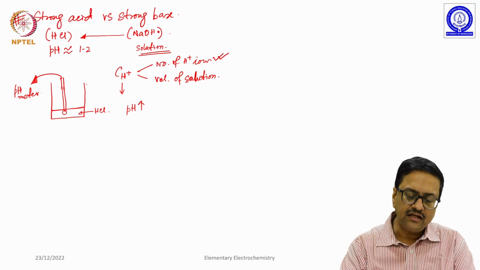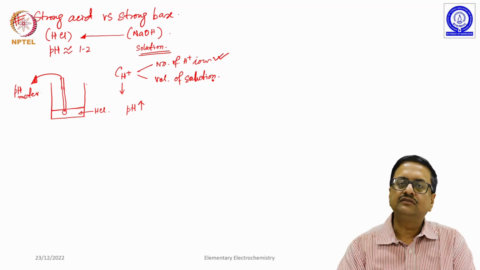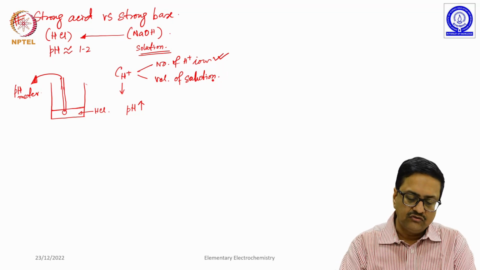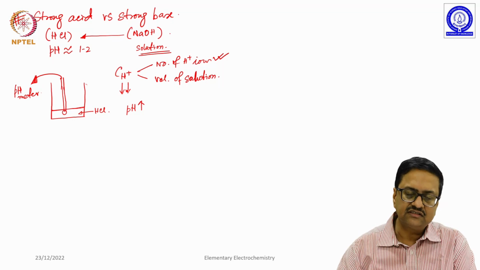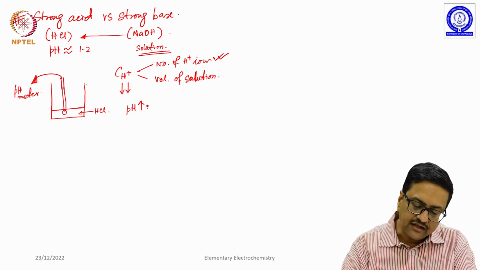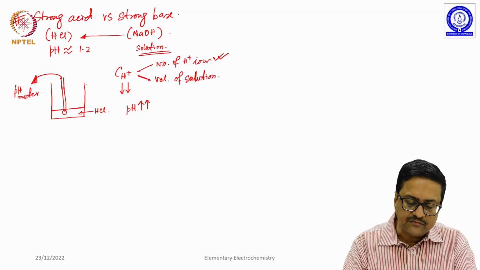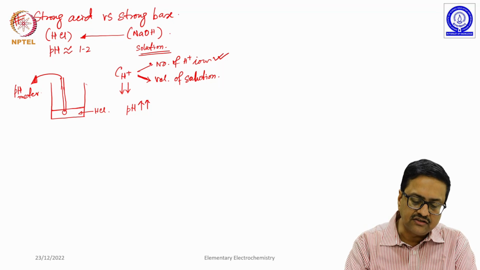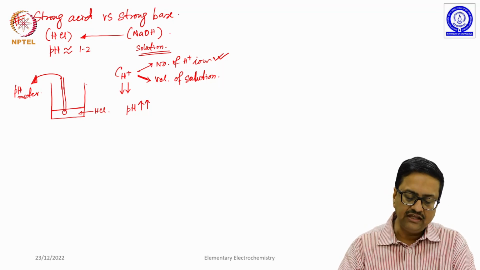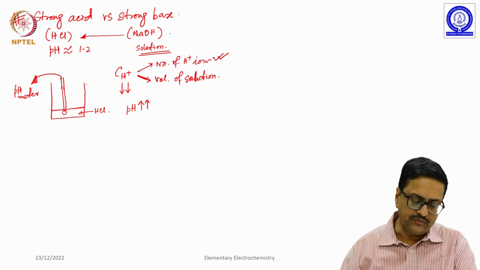But while adding NaOH solution to HCl solution, we are also diluting the solution, which further will reduce the concentration, resulting in further increase in pH. So, there will be a problem of double decrease in concentration and double increase in pH, and it is not appropriate.